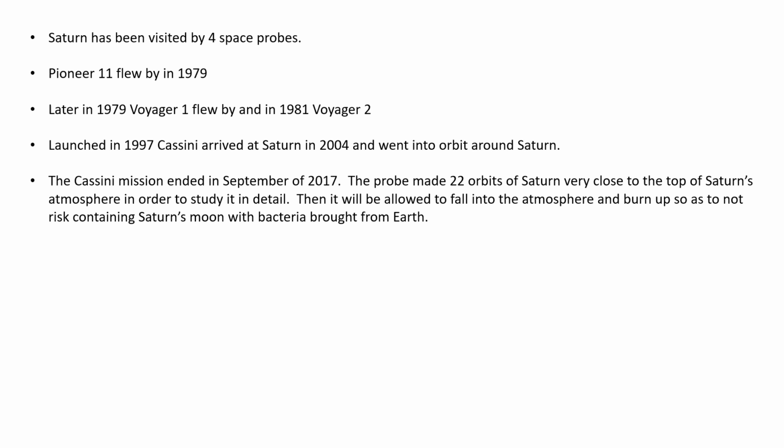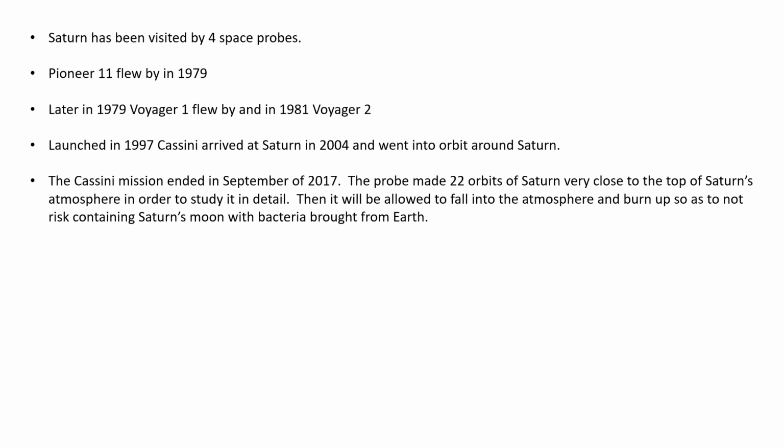And it stayed there until September of 2017. Its final 22 orbits around Saturn were very close to the top of Saturn's atmosphere. We mentioned it actually went inside all the rings. And we learned a lot about the upper atmosphere of Saturn by those last few missions. At the completion of those orbits, then the probe was allowed to fall down into the atmosphere and burn up.